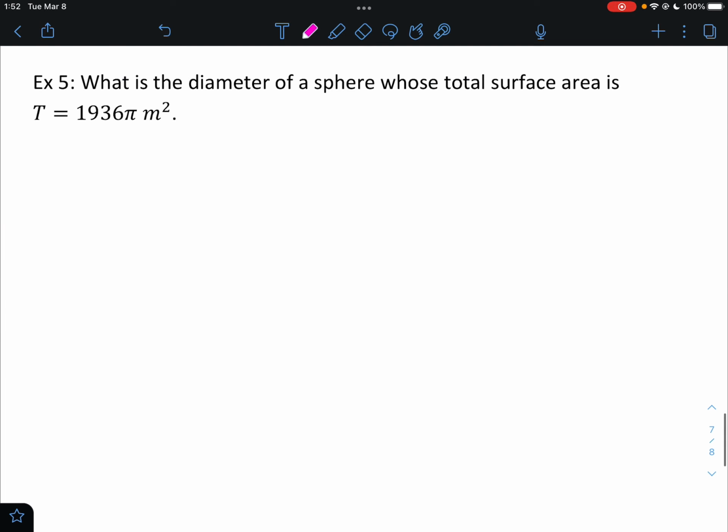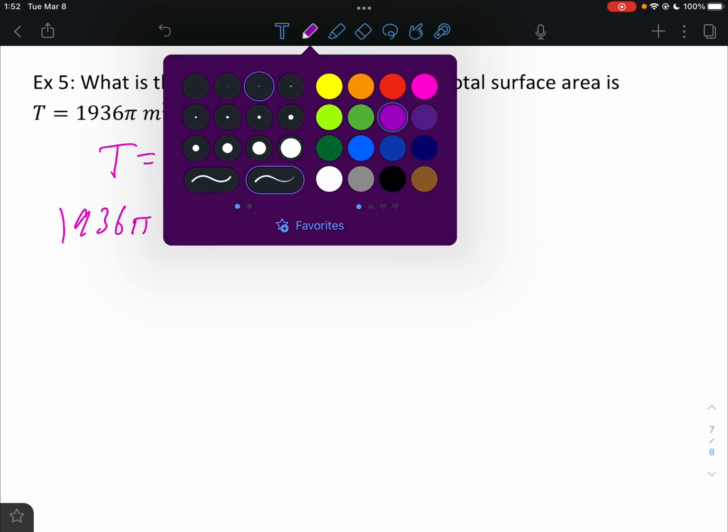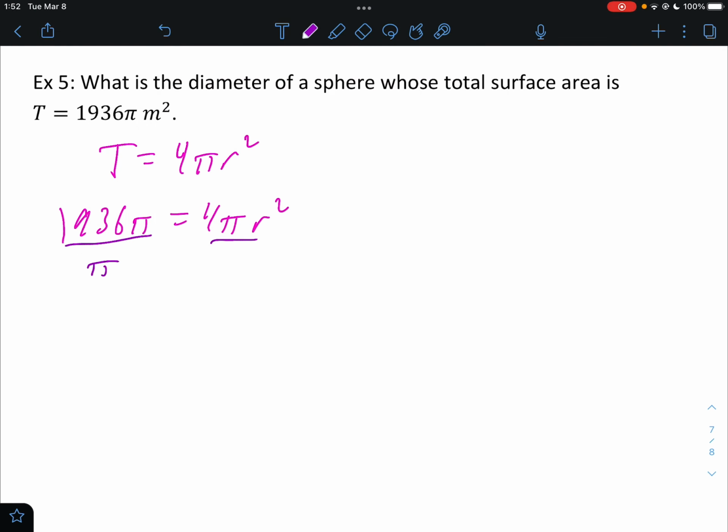Number 5, what is the diameter of a sphere whose total surface area is 1936 pi? All right, so remember our formula for the surface area of a sphere is 4 pi r squared. So if I put 1936 pi in for T, and divide both sides by pi, I would get 1936 equals 4r squared.